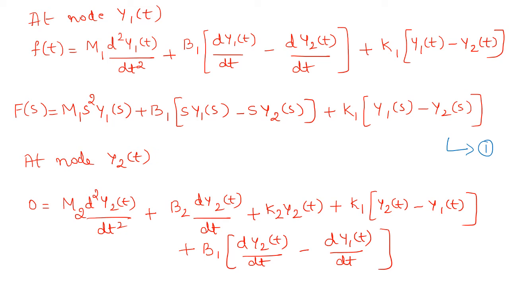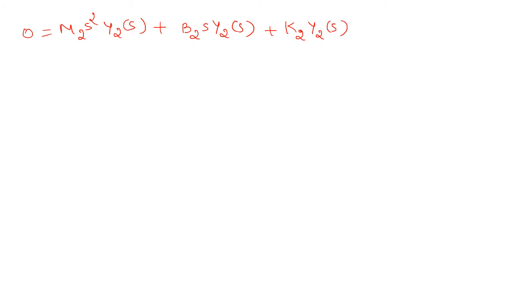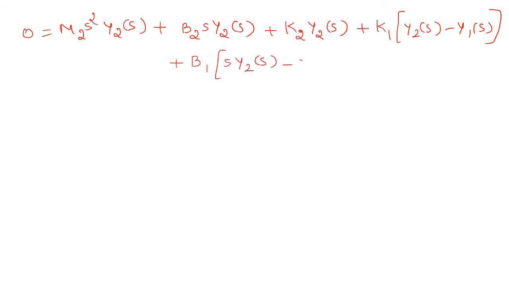So we'll apply Laplace to this. Applying Laplace, we get 0 equal to M2 s square Y2 of s plus B2 s into Y2 of s plus K2 into Y2 of s plus K1 into Y2 of s minus Y1 of s plus B1 into s into Y2 of s minus s into Y1 of s.